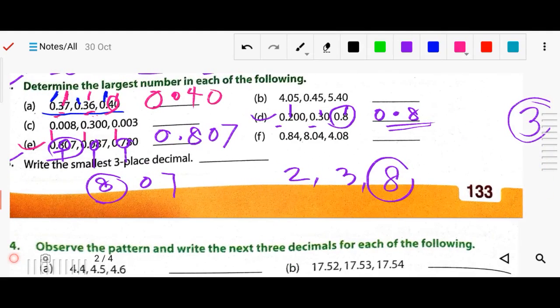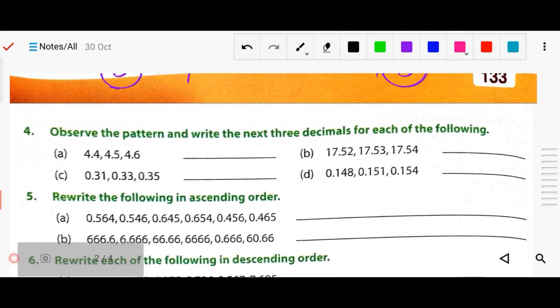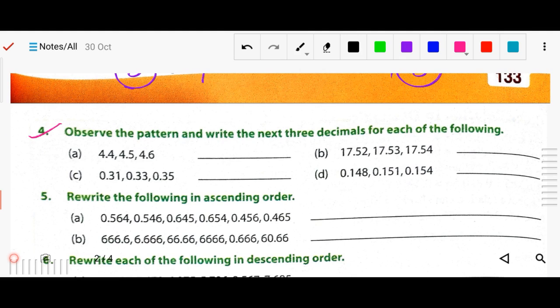Now next you can see number 4. Observe the pattern and write the next 3 decimals for each of the following. Here is 4.4, now 4.5, now 4.6.